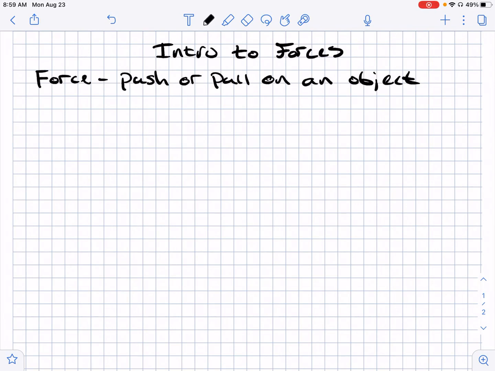A force is measured in what we call newtons. That's our unit of measurement. We use a capital N for newtons. So time, we use seconds. Force, we use newtons. And 1 Newton is equal to 1 kilogram times meters per second squared.